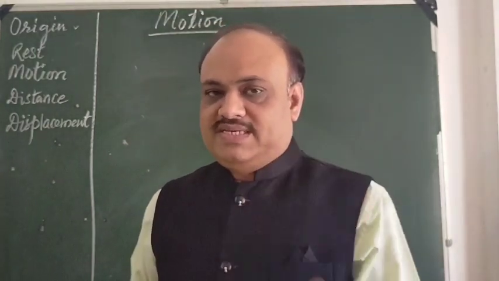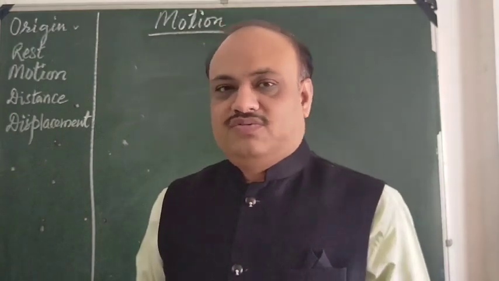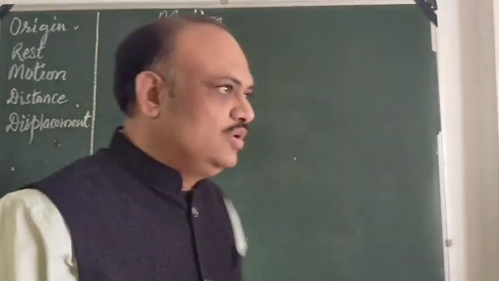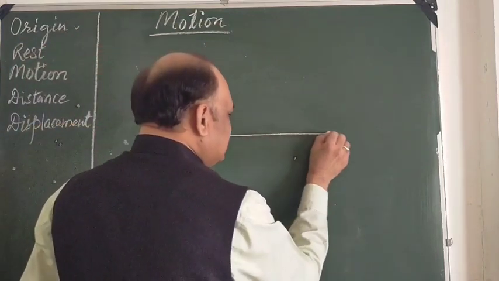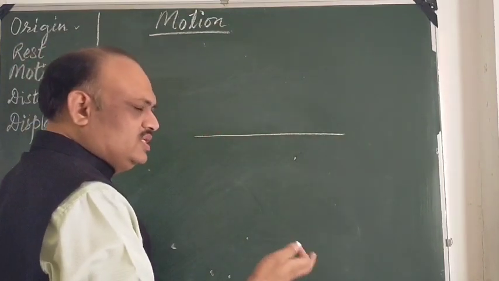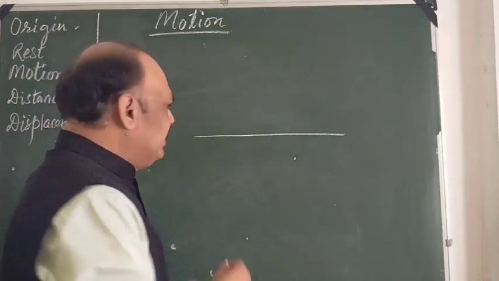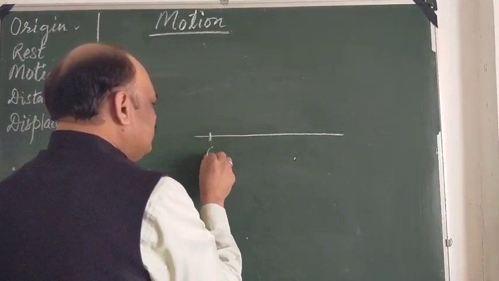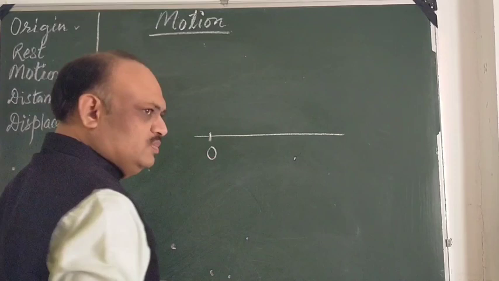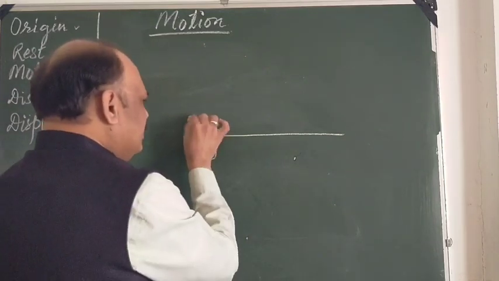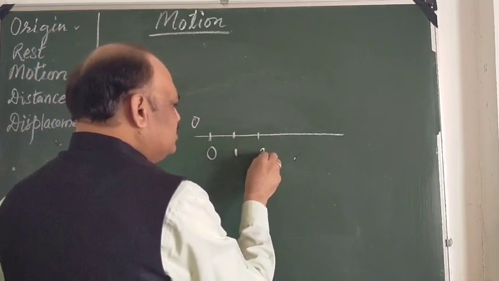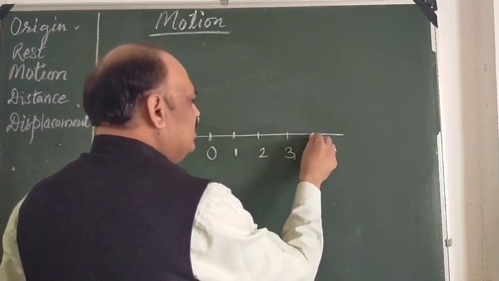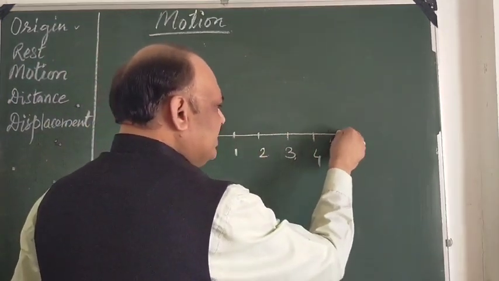I think from this example, the concept of origin is clear. So on the line, if I have to show, it is always shown like this. Whenever I have to start, we generally denote it by the 0 mark. So suppose O is taken as 0, then this is 1, 2, 3, 4, 5.